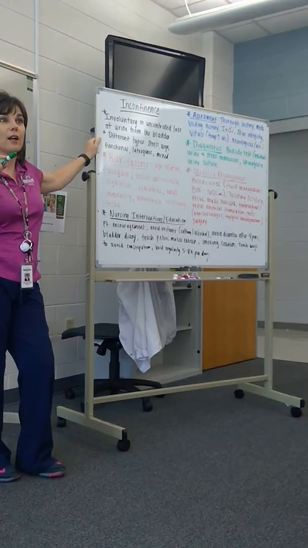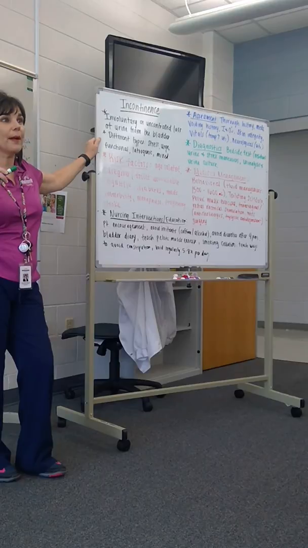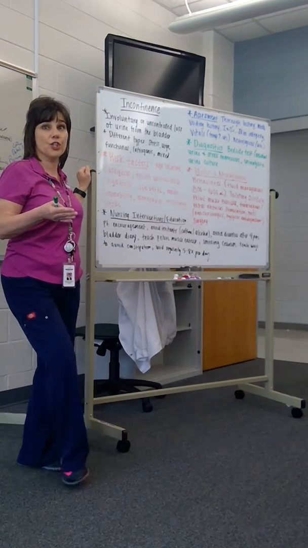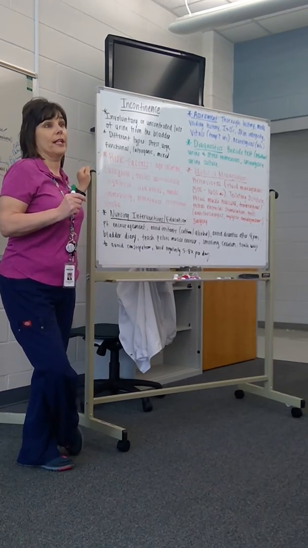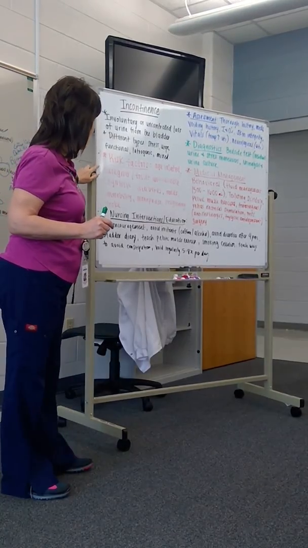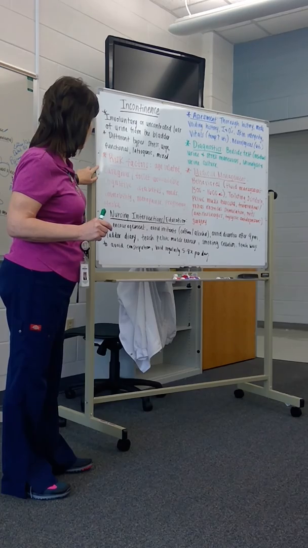We've already talked about multiparity females and how that multiparity can cause stress incontinence and urge incontinence. Urge incontinence is you just feel the urge to go and you can't hold it any longer, okay? So some of the risk factors you all have already listed up here.